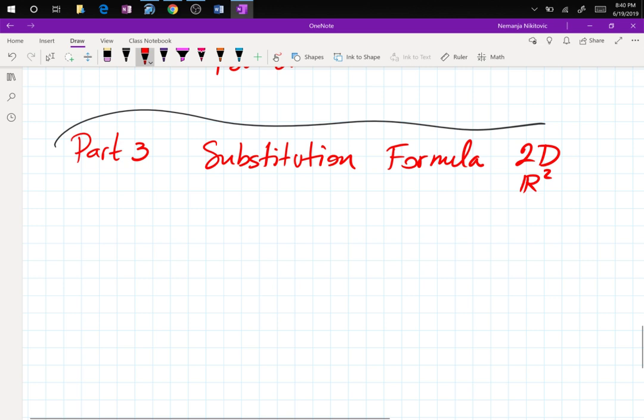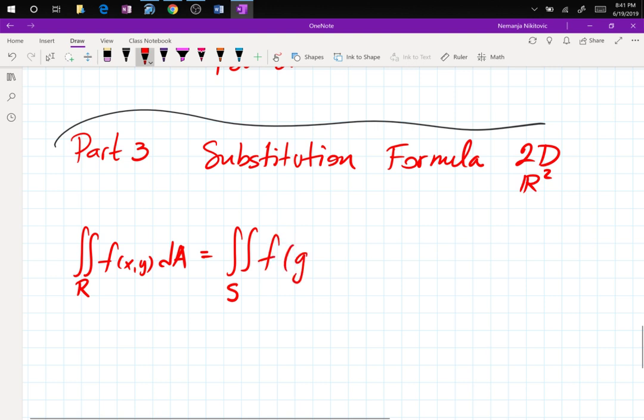And here it is. The double integral over the region R for f of xy dA. Whatever that integral was, transforms into the new region S, where your function f is x is given as a function g of uv, y is given as a function h of uv, all of this times the Jacobian uv, and then you have a dA.